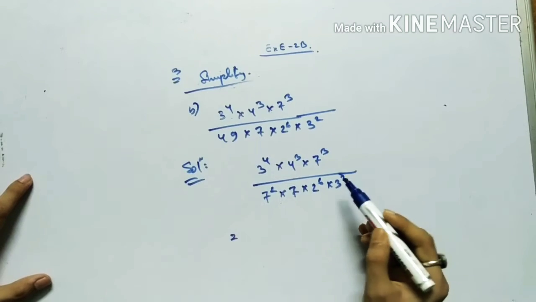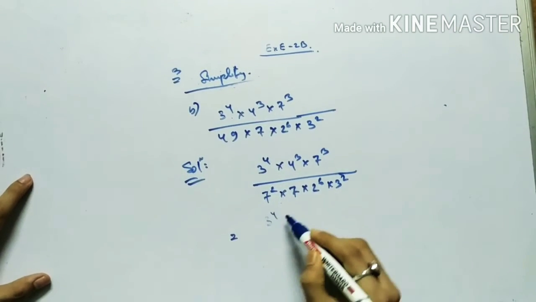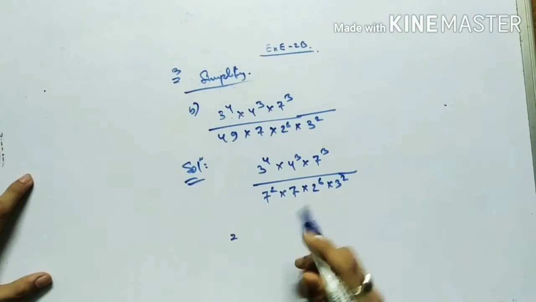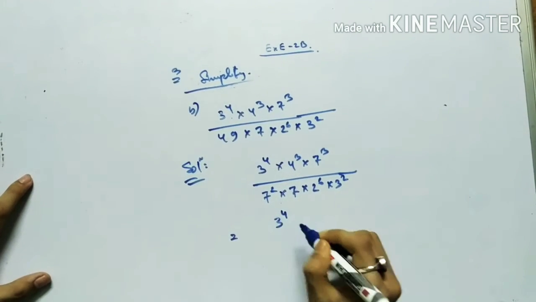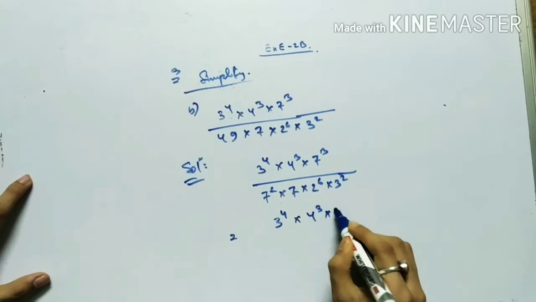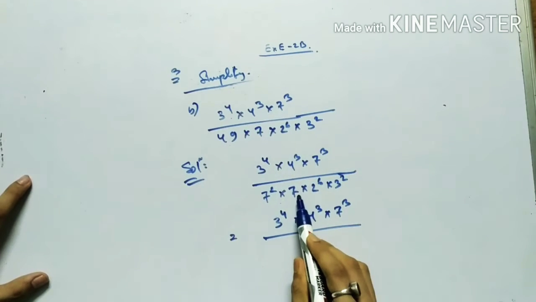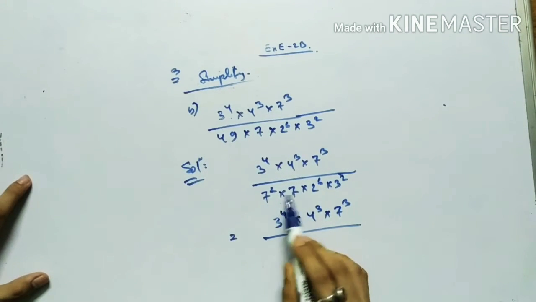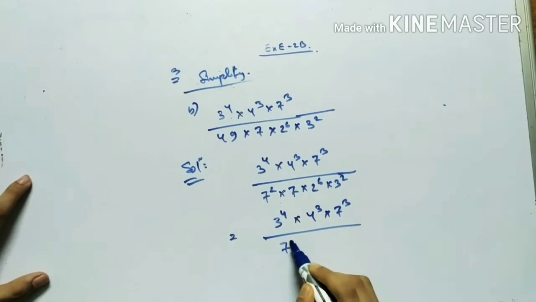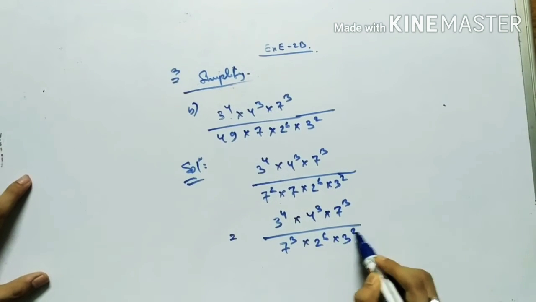So this one becomes 3 to the power 4 into 4 to the power 3 into 7 to the power 3 by 7 square into 7, same base, powers add, so it becomes 7 cube into 2 to the power 6 into 3 to the power 2.